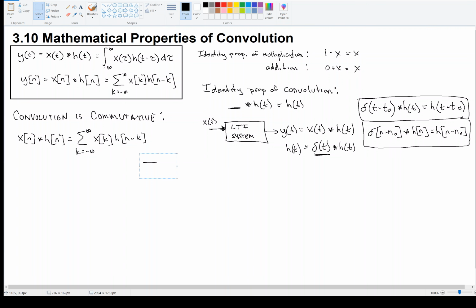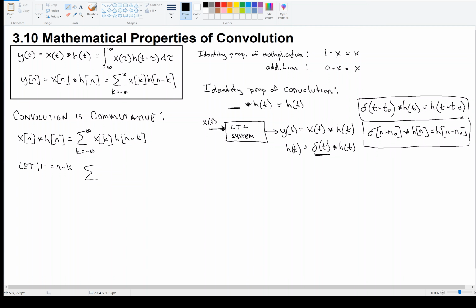Now I'm going to do a change of variables, letting some other index r equal n minus k. We used a change of variables in one of the discrete time convolution examples. Basically, I can call the index whatever I want, and I'm going to try to get rid of k.